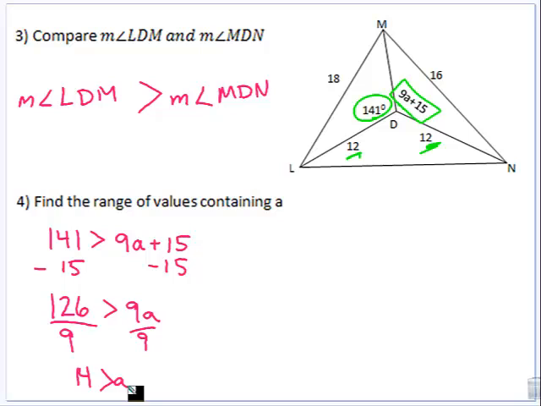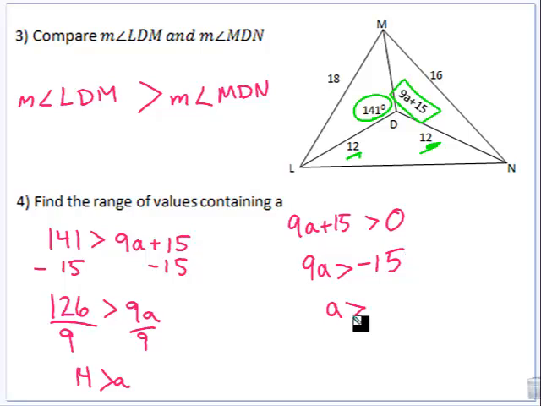Is that our only solution here? What else do we have to do with the 9A plus 15? We already know it's less than 141, so what number do we need to make sure it's greater than? 0. So we will also say 9A plus 15 should be greater than 0. So 9A is greater than negative 15.